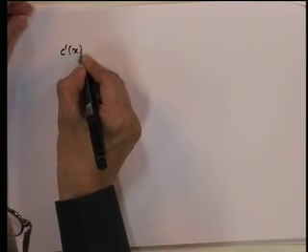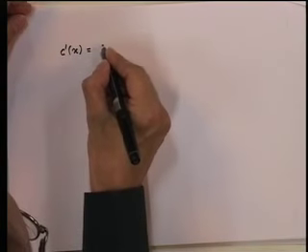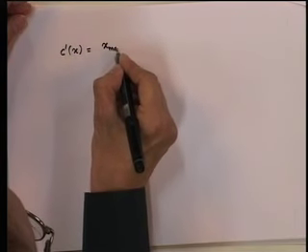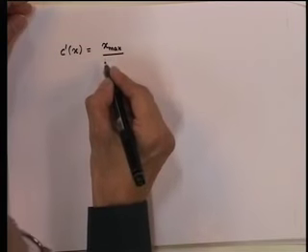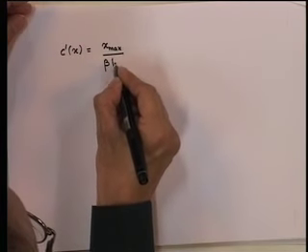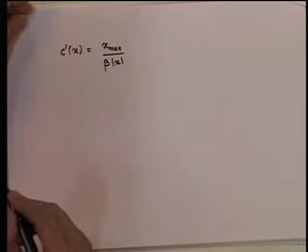We saw that C dash x is equal to x max by beta times mod x.